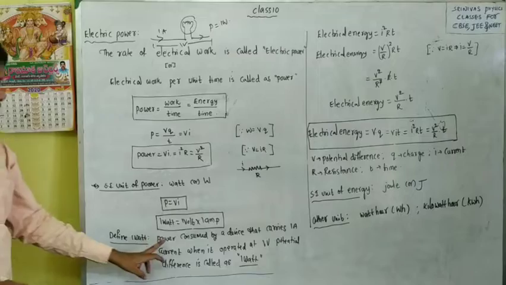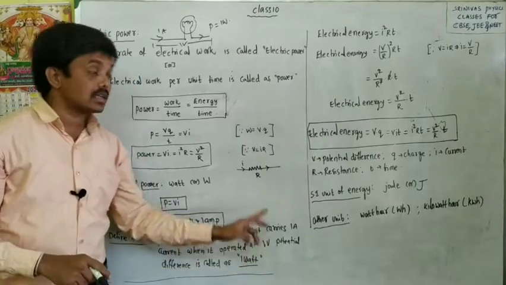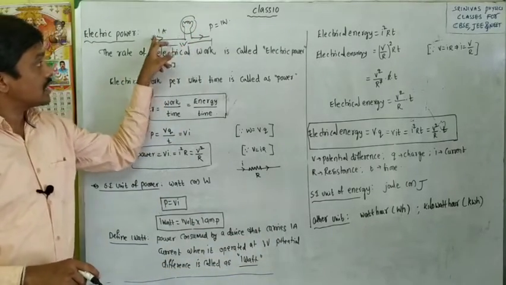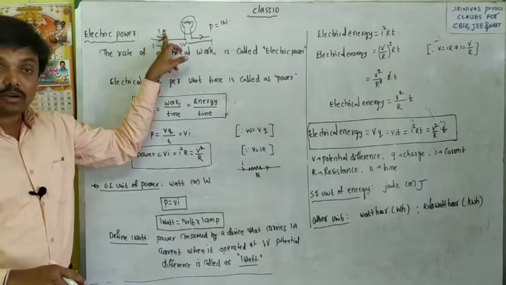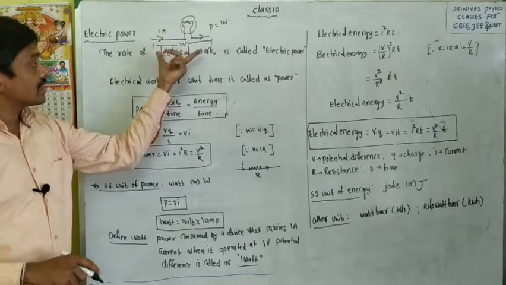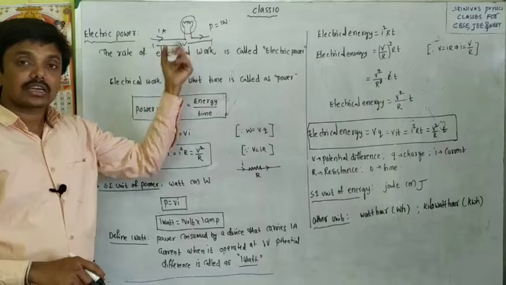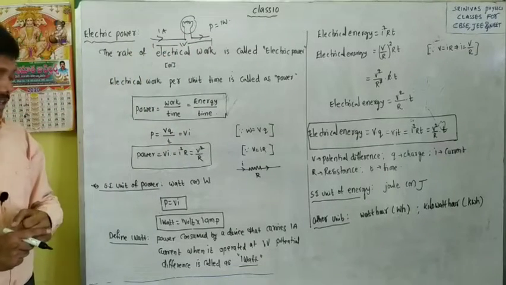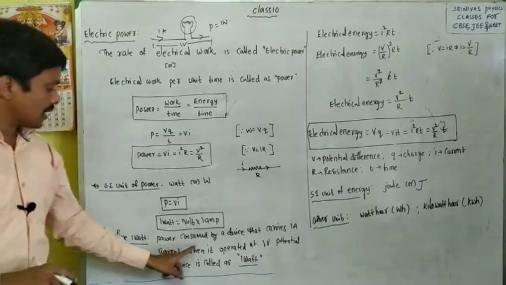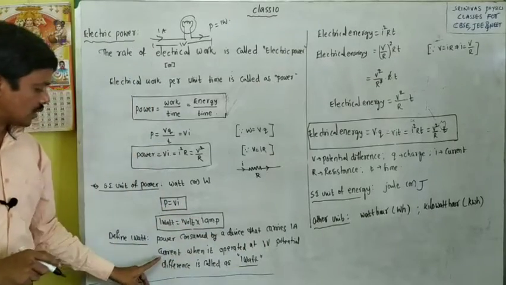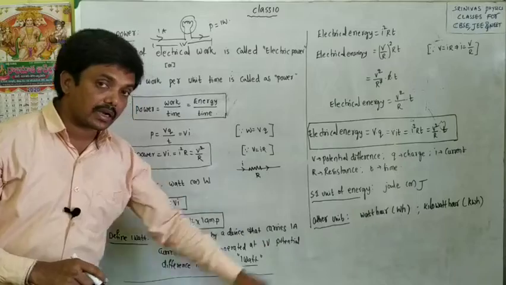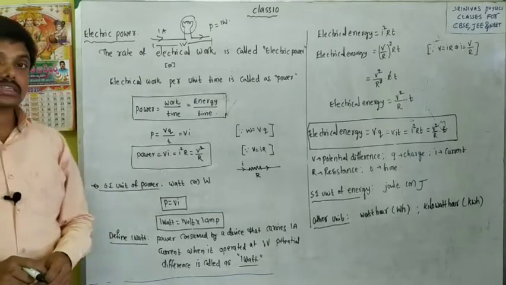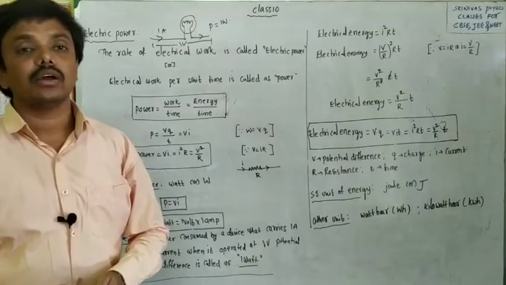Look at here, the power consumed by a device that carries 1 ampere current when 1 volt potential difference is created across it, is called 1 watt.